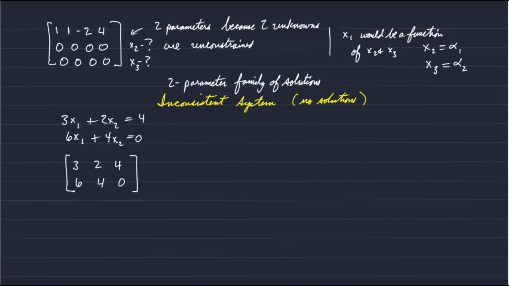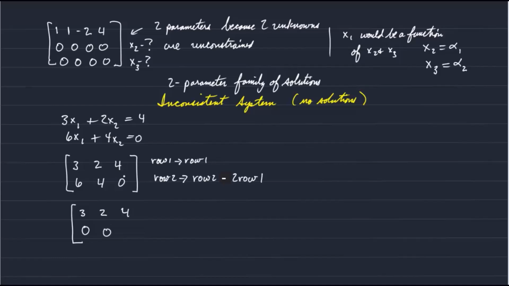So we now need to zero out the first entry of our second row, and so we'll keep row 1 the same, and we'll take row 2 and transform it by subtracting from it 2 times row 1. Oops, let me write down the first row first. 2 times 3 is 6, and when we subtract that from 6, we get 0. 2 times 2 is 4, and we subtract that, we get 0.